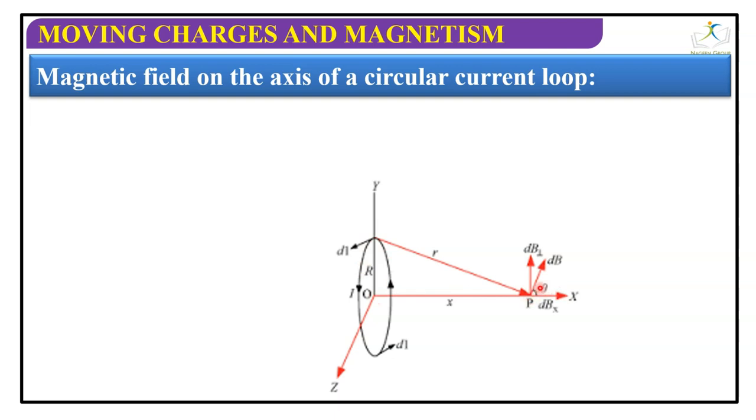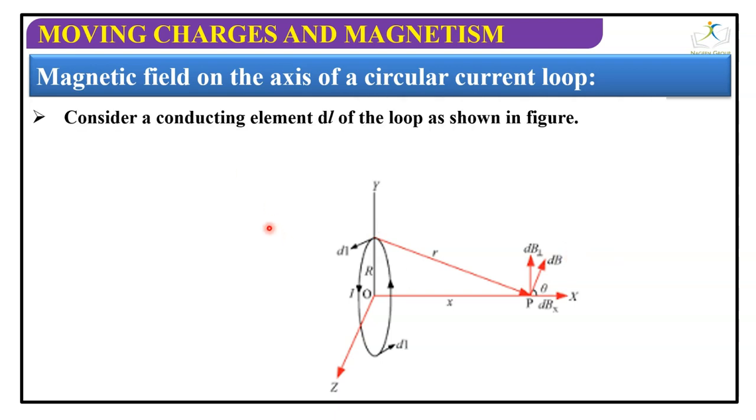We have to calculate the magnetic field at point P, which is located at a distance small x from the center. Capital R is the radius of the circular loop, and small r is the distance from this element to the point P. So let's begin the topic.